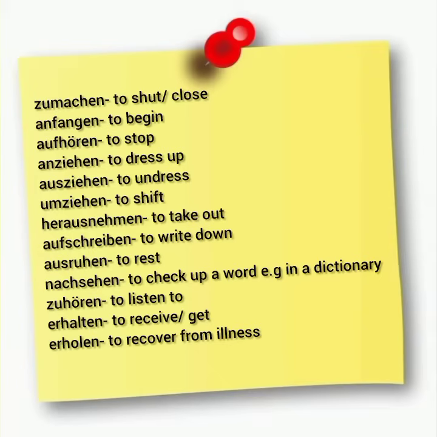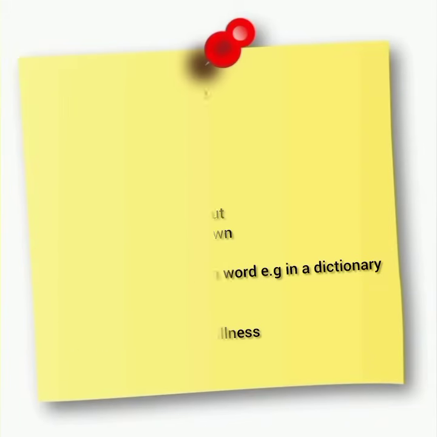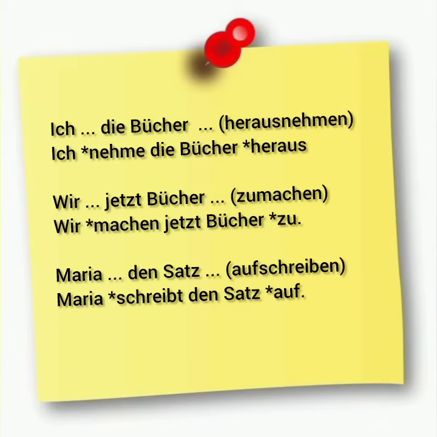For you to be good in this part, you need to master that table I've given you, yeah? The list of the separable prefixes, and then, of course, those ones that are not separable, okay? So even if we were to give some examples in sentences, like: Ich dash die Bücher dash.